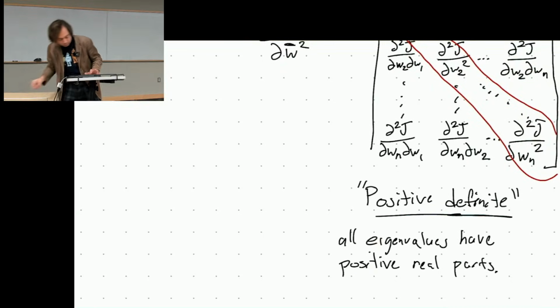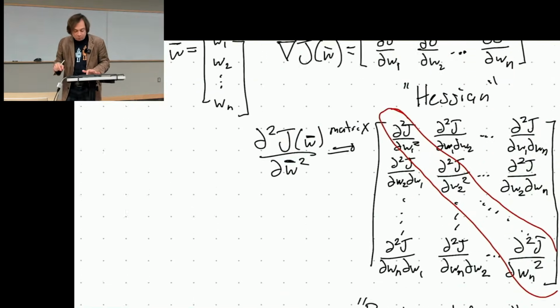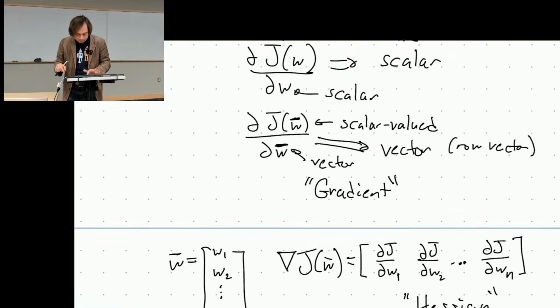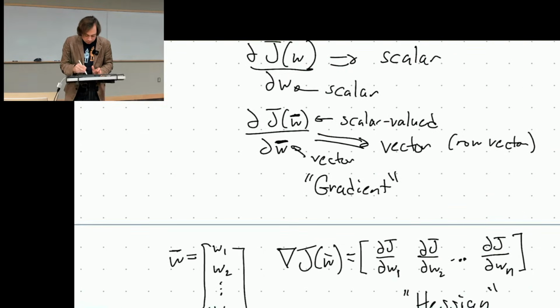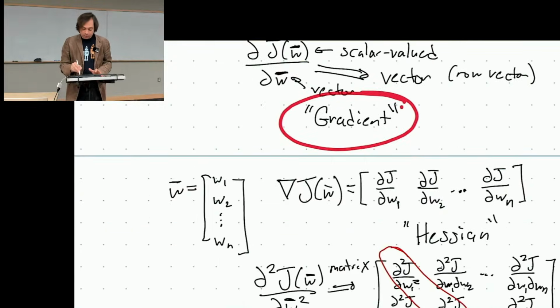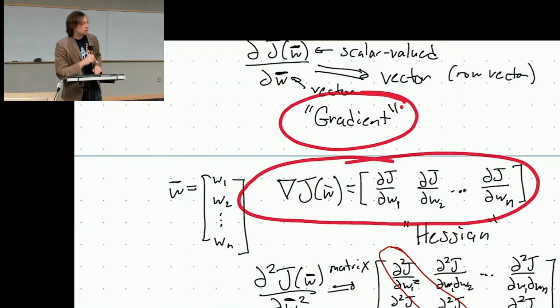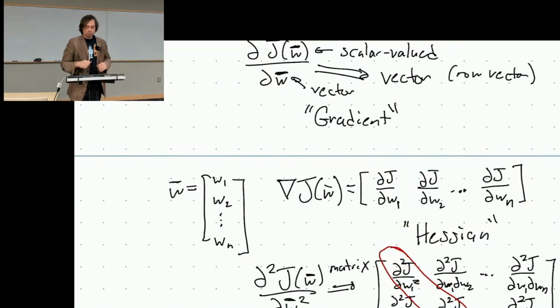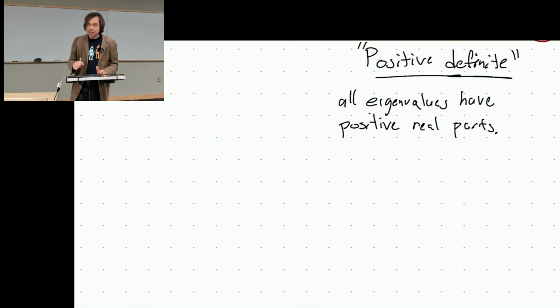Okay, we are closing in on the end of time. But the thing I want you to know is that when you take the derivative of your cost function with respect to your vector, you get a vector out. So when you're doing gradient descent, you're going to be computing this gradient. Let me give you an example, just in case you haven't done it in a while. Here's a gradient example.